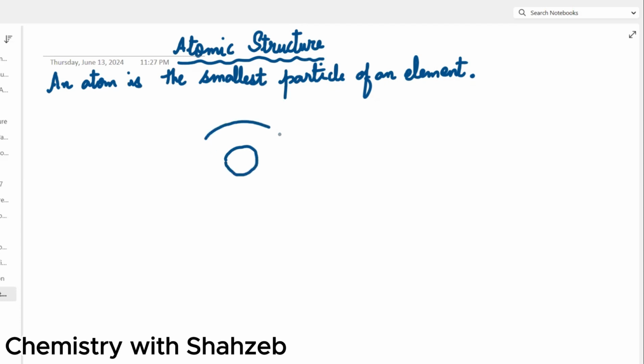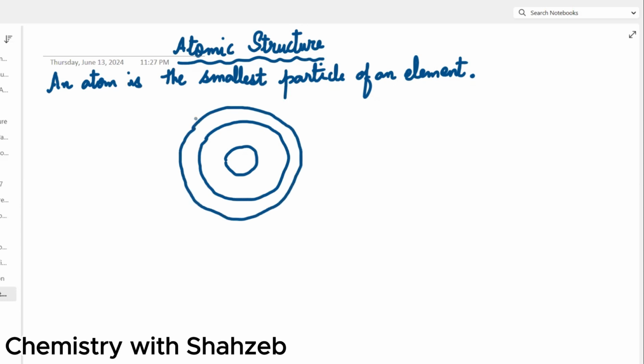Okay, this is the structure of an atom. Here basically neutrons and protons are present. This is the nucleus, which is basically the center of an atom, where neutrons and protons are present.